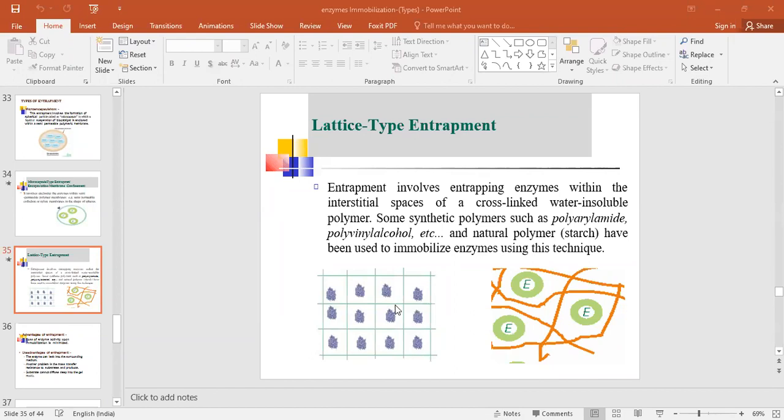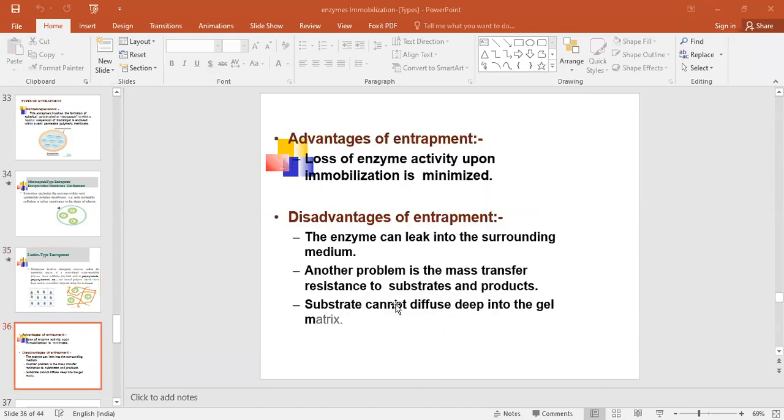So this is one type of disadvantage. This is known as the mass transfer resistance problem, a problem for both the substrate and the product.